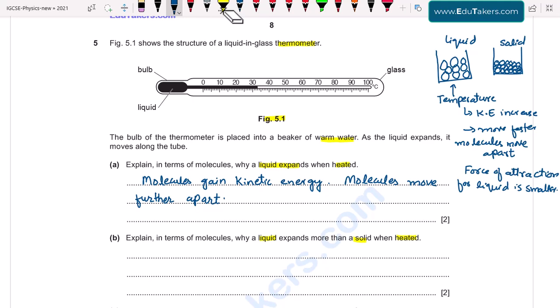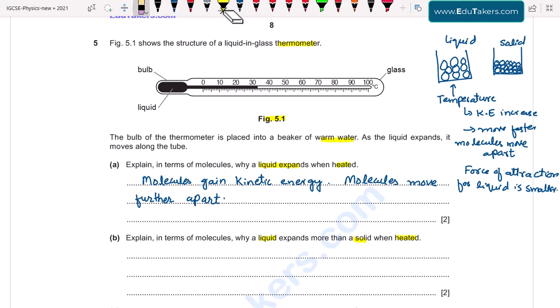So a smaller amount of energy is required to separate these molecules, or less energy is required for the expansion of liquid as compared to solid. So it is easy for us to expand liquid as compared to solid when we heat it.